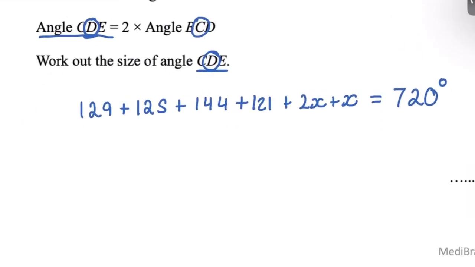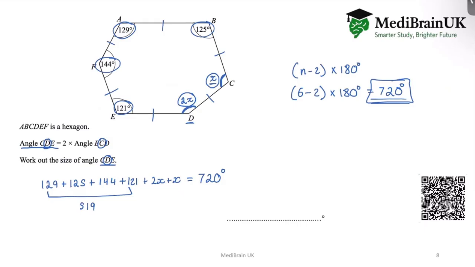Let's simplify the numbers first. We've got 129, add 125, add 144, add 121. Let's add all of those together. When we add all of them together, that's going to get you an answer of 519. This would ideally be worth around 3 marks in an exam.